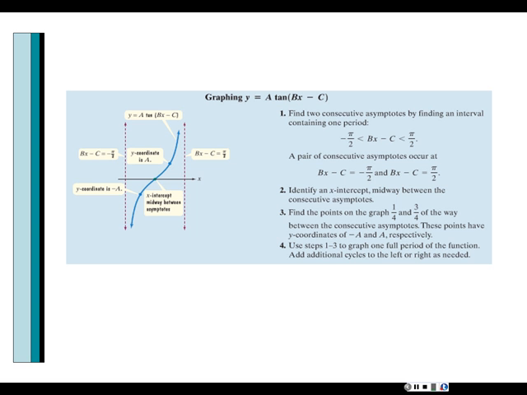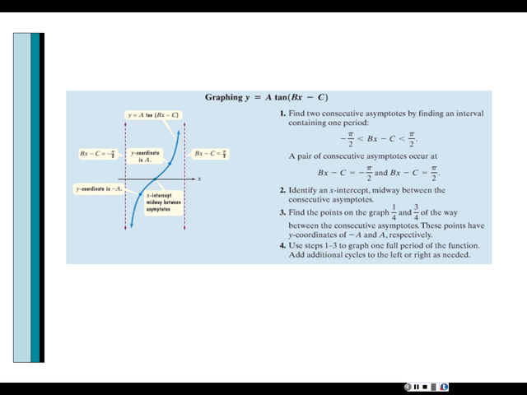Midway means what? This is going to be the midway, right? Because we know that the graph will be intersecting here. And then we find the points on the graph 1/4 and 3/4 of the way between the consecutive asymptotes. Now how do you get 1/4 and 3/4?